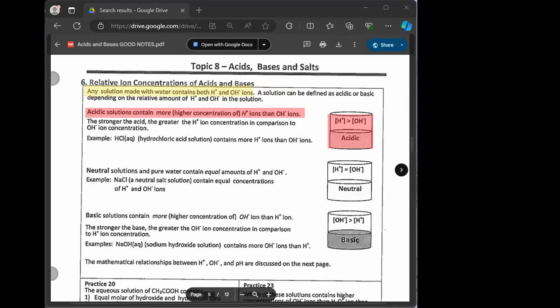I think a lot of people get stuck thinking that acids only have hydrogen, or that bases only have OH and that neutral substances don't have any, but that's not true. Even pure water still has hydrogen and OH ions.